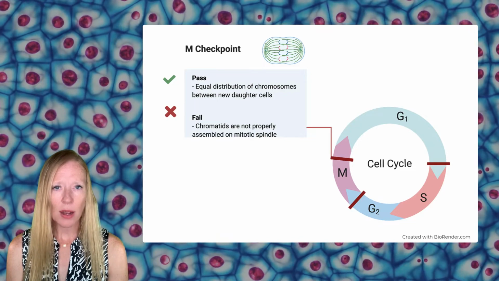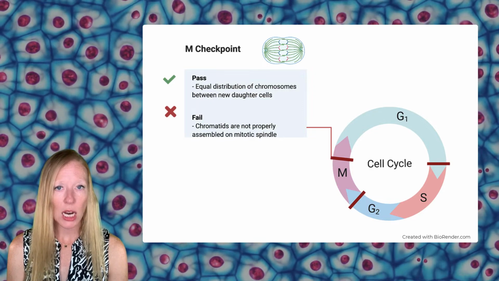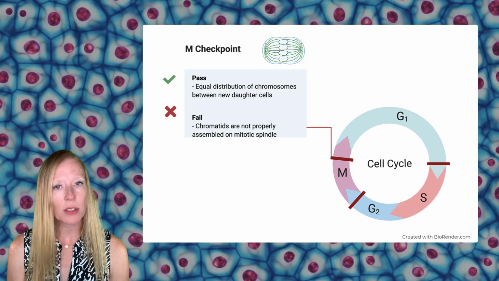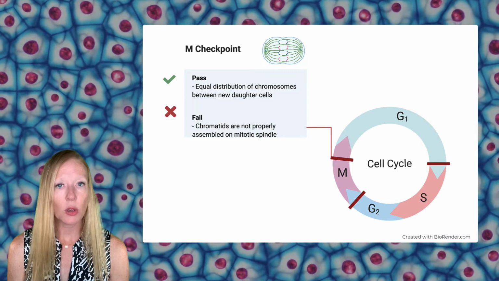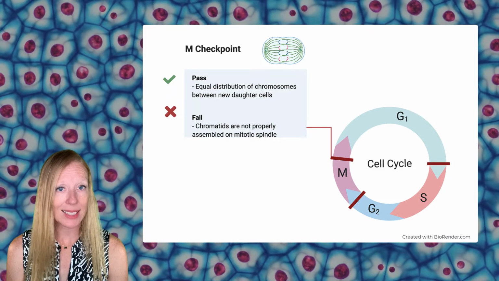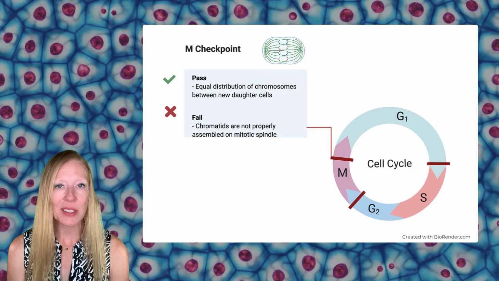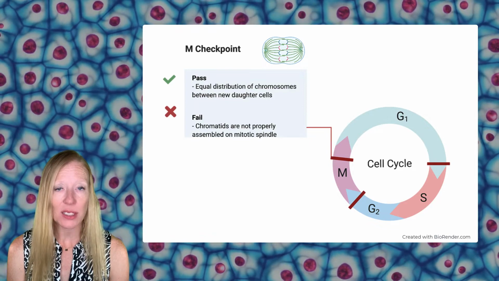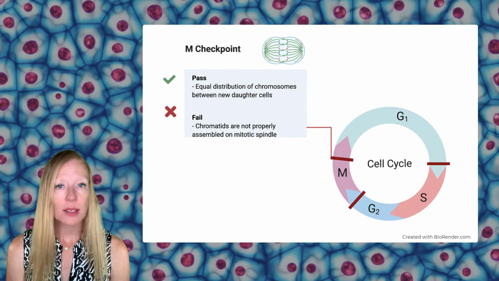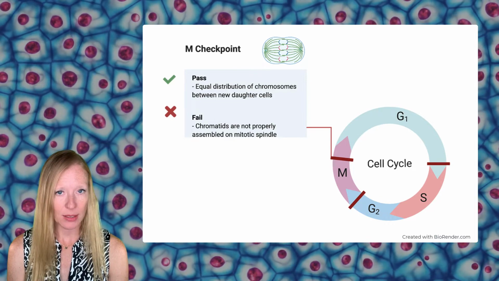So the cell will pause at metaphase and attempt to determine whether the kinetochore pair is attached to a microtubule from two opposite poles of the cell. Remember, those kinetochores can sense tension. So cool. And therefore, the cell can actually sense whether the kinetochores are correctly attached. The cell will pause here and won't be able to proceed until the checkpoint is passed.